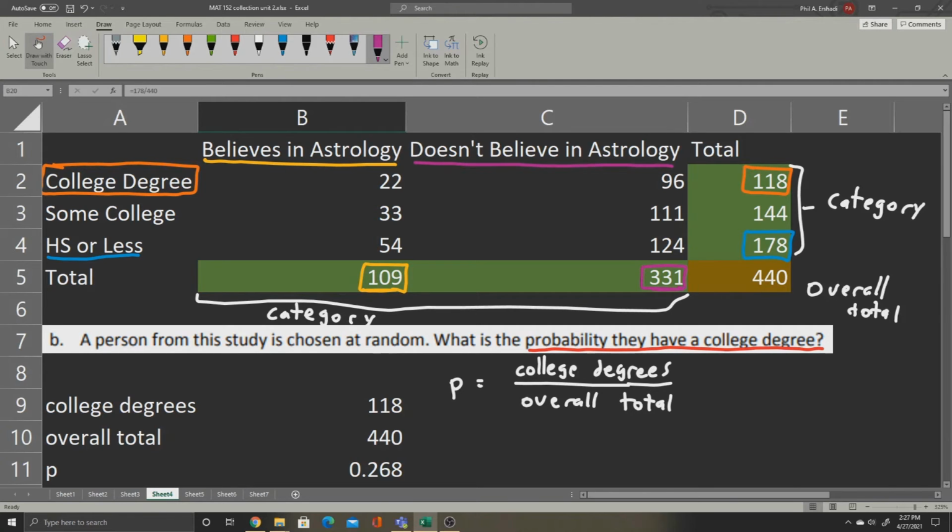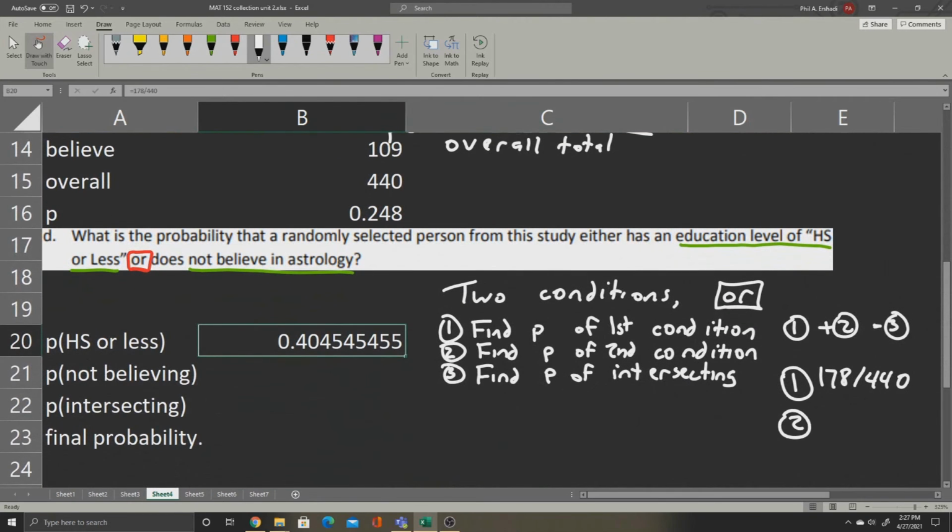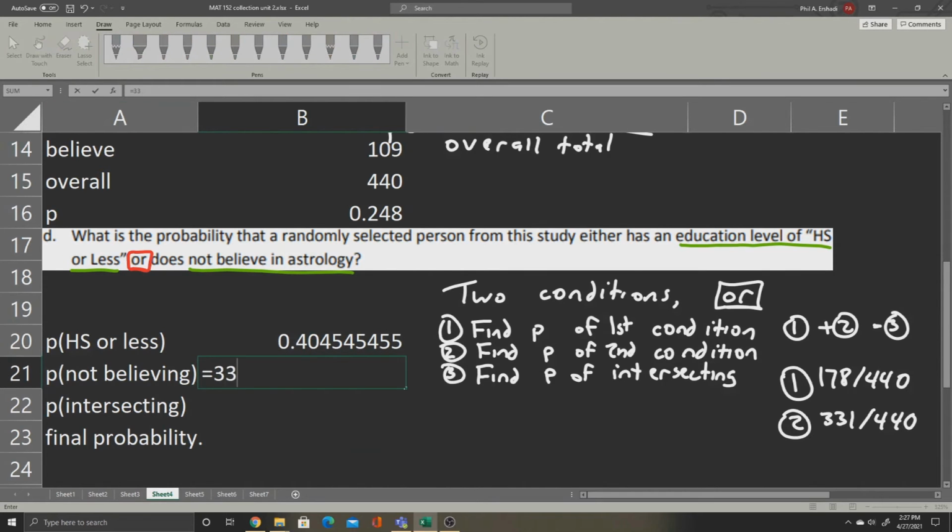So we'll say 331 over 440 will be our probability there. So let's type this into Excel as well. We'll say equals 331 divided by 440, giving us 0.752, with many more decimal places afterwards.